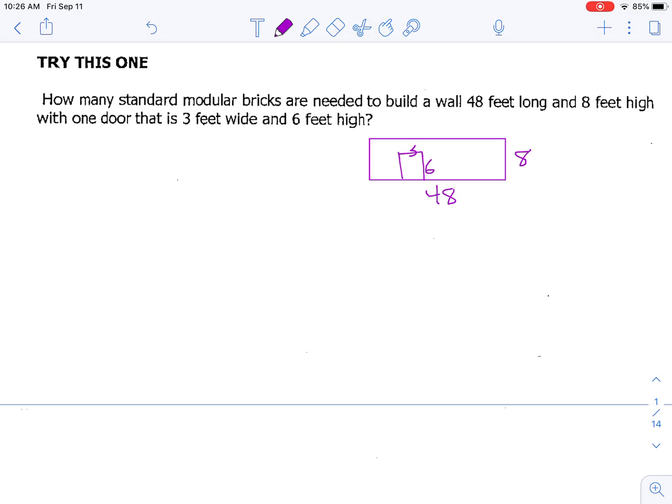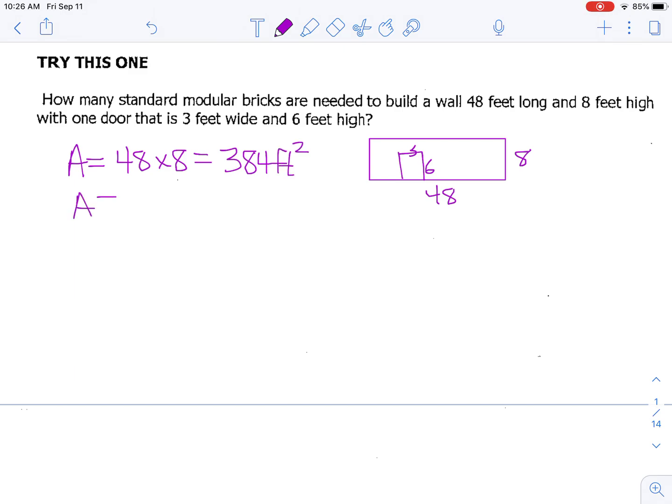So to estimate the number of brick, we're going to do the net wall space. The net wall space is the area of the whole wall, 48 by 8, and that is 384 square feet, or feet squared, however you want to say it.